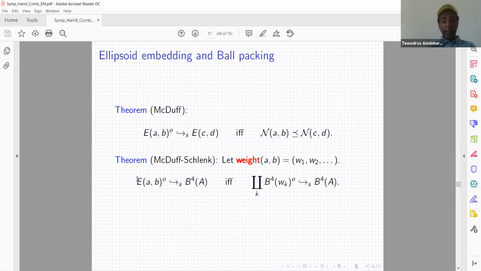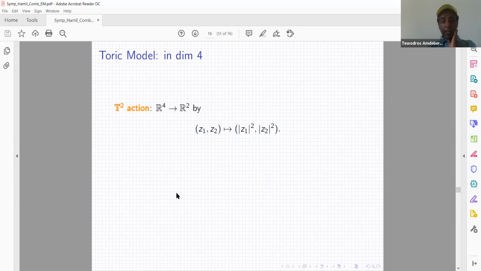With this notation, this theorem says, if you want to embed an ellipsoid into a ball, then it's equivalent to embedding a disjoint union of balls into the ball that you started with. So if you can replace this by chopping up the ellipsoid into balls, then you can actually do the embedding as desired. I'm going to turn this into a numerical problem, so we'll come back to this later. Maybe for lack of time, I'm going to skip this.